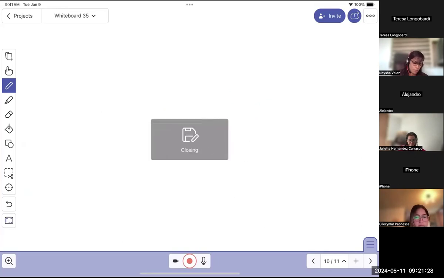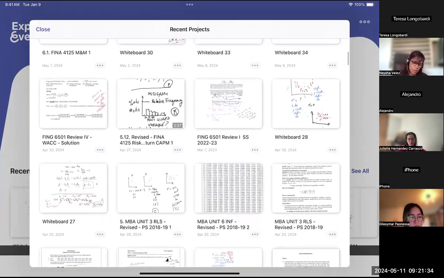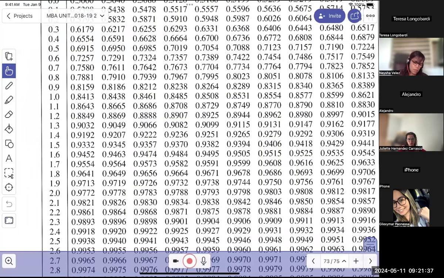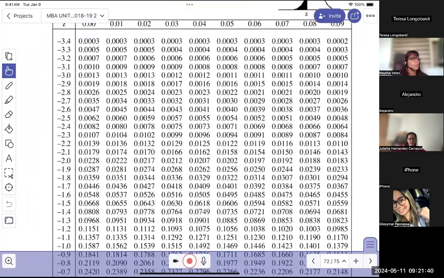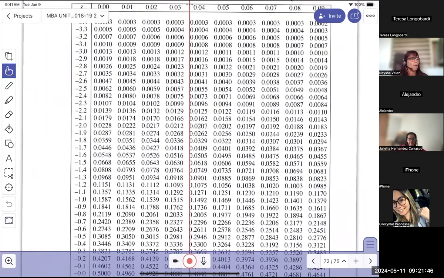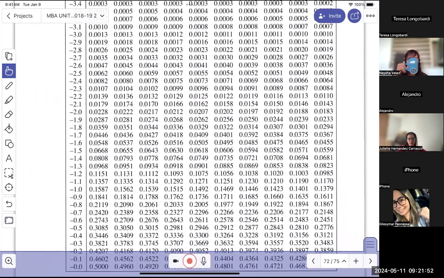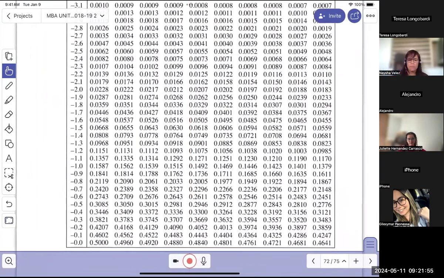I'm going to the table quickly here. I'm looking for negative 0.25. And that's 0, 1, 2, 3, 4, 5. It's this one here. Is that correct? So it's almost 50%. It's 0.4013.